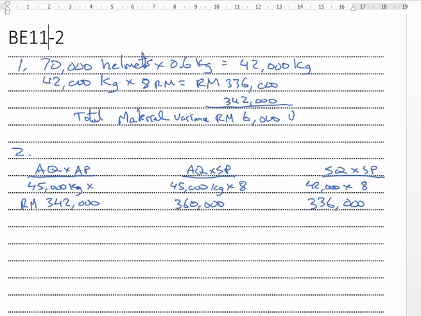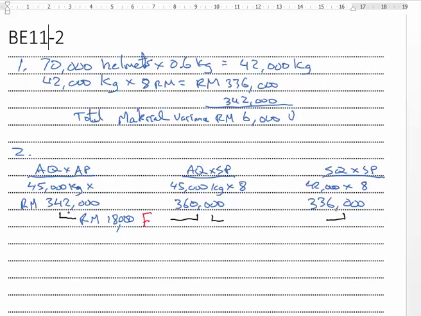And so, use black for this. The difference between 342 and 360, and 360 and 336, turns out to be a whopping, not dollars, $18,000 favorable variance between these two here, right?